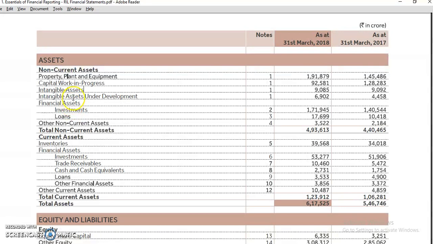Then there are intangible assets under development, meaning they are probably developing some brands or trademarks. That is all called intangible assets under development. There are accounting standards, international financial reporting standards, which dictate how and when these things can be recognized, and when they cannot be recognized, meaning they need to be charged to expenses.